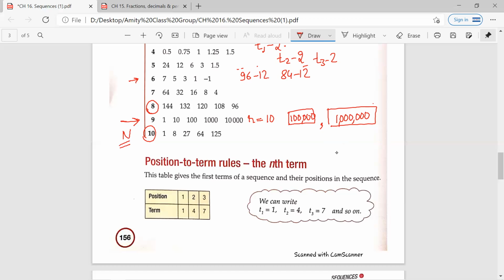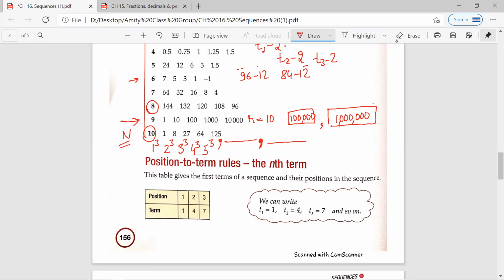But if we want to write the next two terms, what will be the next two terms? Can you tell me the next two terms? This is 3 cube. This is 4 cube. This is 5 cube.